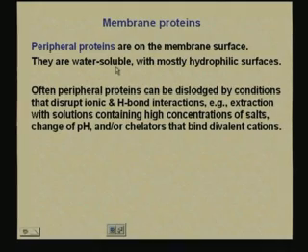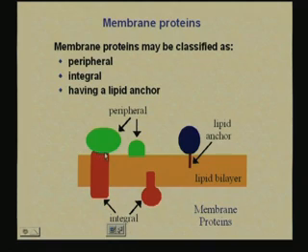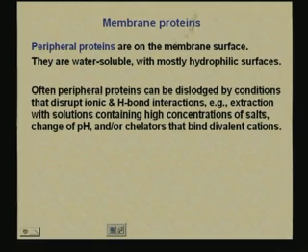They are water soluble, and as you recognize, they have to be, what does their surface have to be? Hydrophilic in nature, so that they can interact with the polar head groups of the lipid bilayer. So, they are water soluble with mostly hydrophilic surfaces.